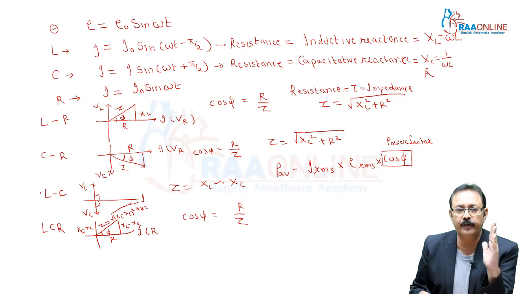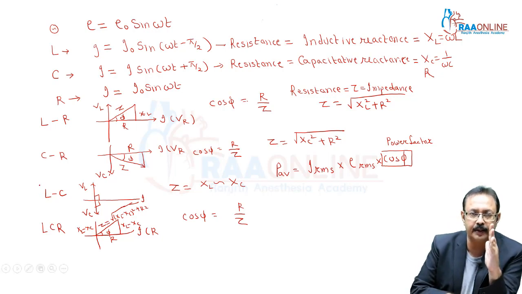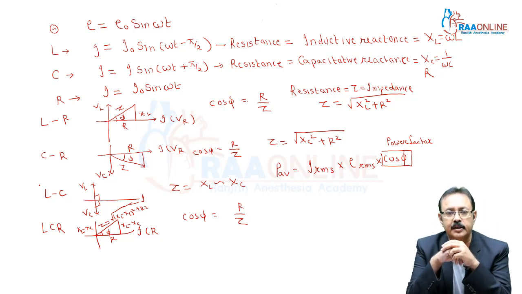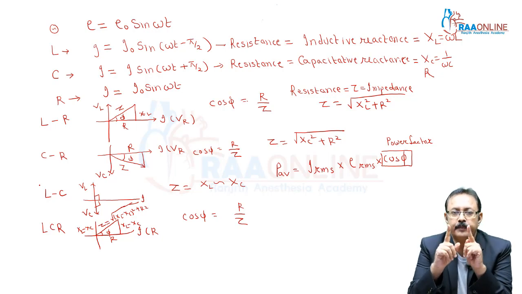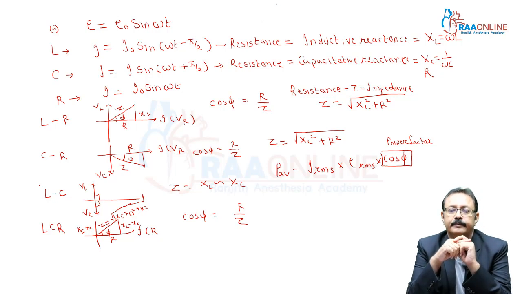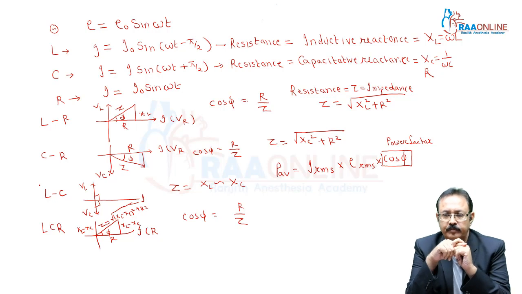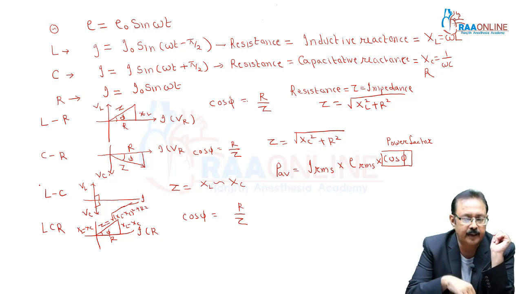So no power will be consumed in pure L circuit, pure C circuit or LC circuit. Power consumption is 0. If power consumption is 0, then this type of current is known as wattless current. So remember this. What is wattless current?